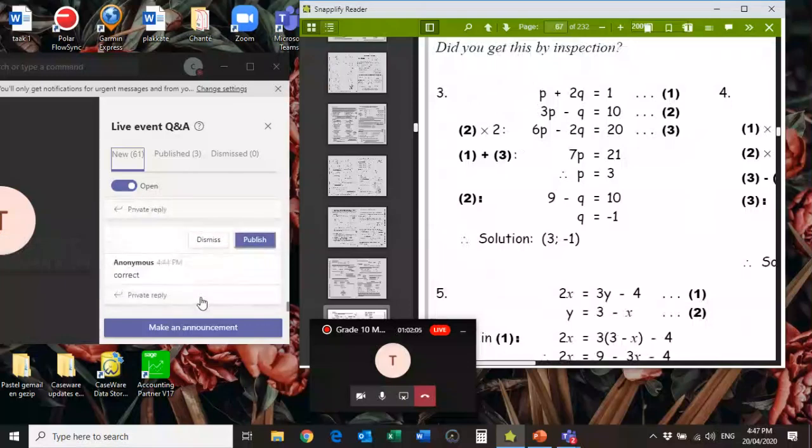Can we start with factorization tomorrow? Just give me an indication. Miss P, maybe do you want to do number 4 tomorrow before we continue with factorization?